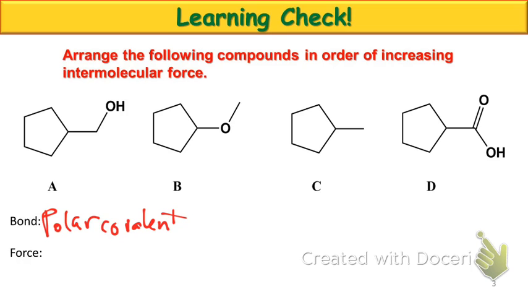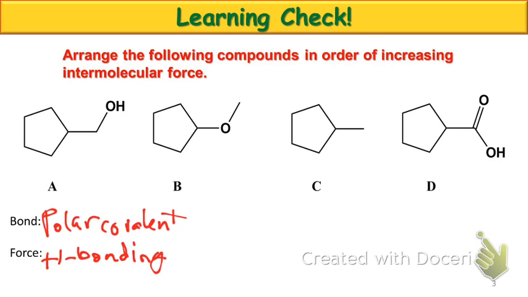The hydrogen has to be bound to a very electronegative element, and there's only three electronegative elements that count: oxygen, nitrogen, or fluorine. We'll never see fluorine. You can ask me after class if you don't understand why. So if you see a hydrogen bound to oxygen or nitrogen, that molecule has hydrogen bonding as a force, not a bond. So we could then write hydrogen bonding underneath it.